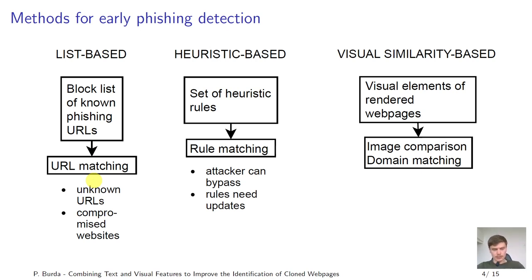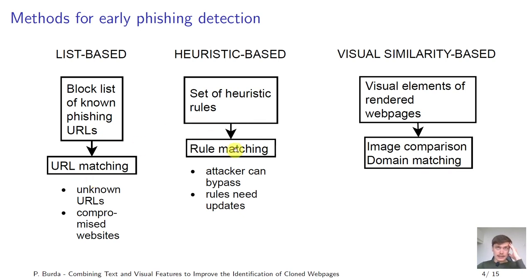This is the case, for example, of PhishTank or also perhaps Google Safe Browsing. But phishing websites can also be hosted on compromised websites. So matching URLs that are benign is not useful here.